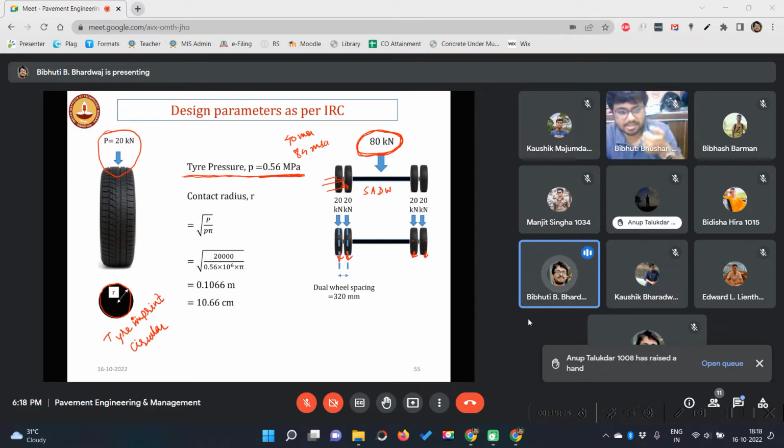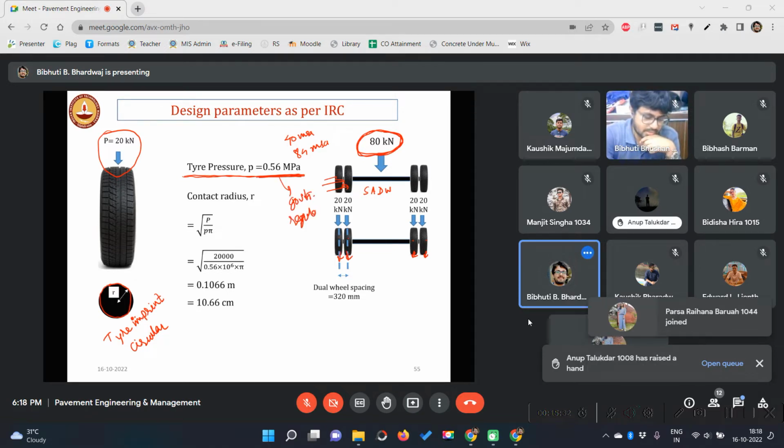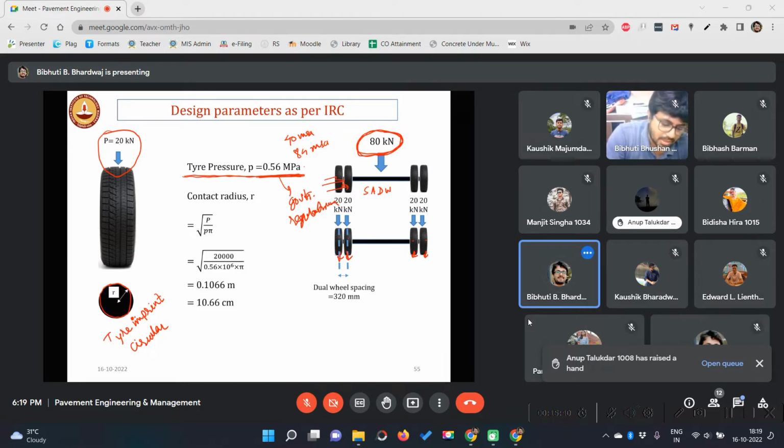They may check in PSI or something, but they will ensure this one because this is government regulation. Now, can anybody tell me what if I inflate a tire with a much higher pressure, say 1 MPa? Then what will happen? What will be the consequences?